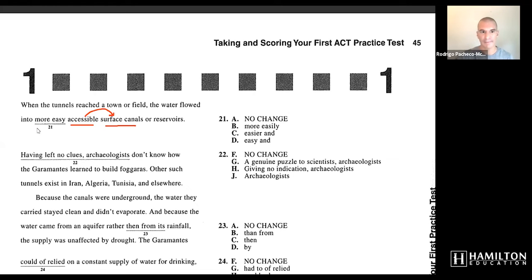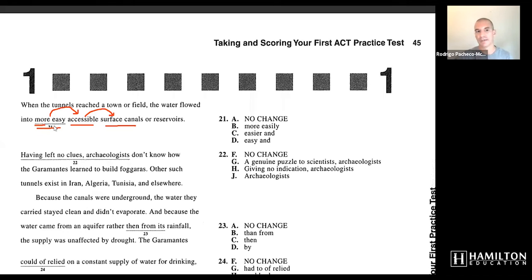And then we have the question here. We're going to be modifying this adjective. So we need a modifier that can modify an adjective. That's going to be an adverb. So that's what we're going to be looking for here. So more easy, here we have the comparative form.